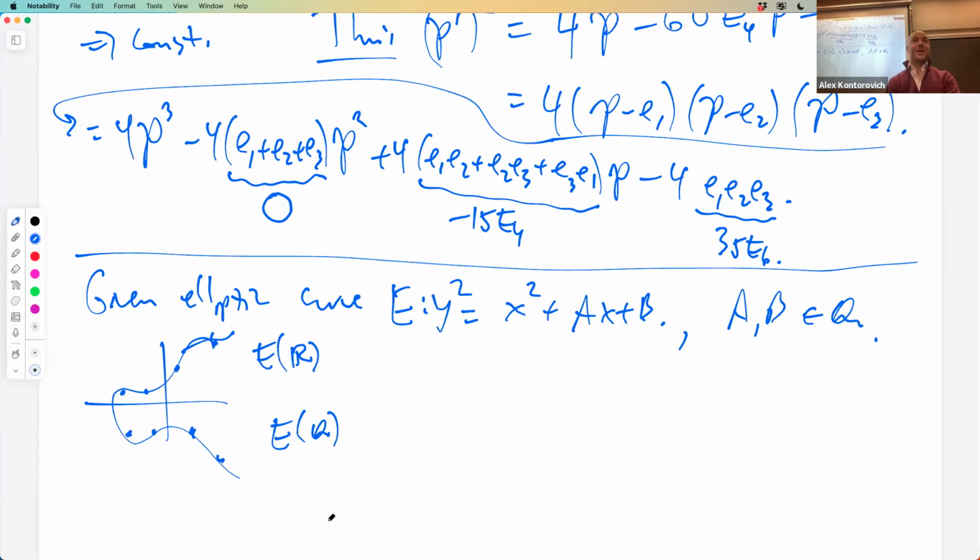There might be finitely many, there might be none, there might be infinitely many, it turns out. Here's a crazy thing. This set of rational points actually has the structure of a group, an abelian group, a finitely generated abelian group.